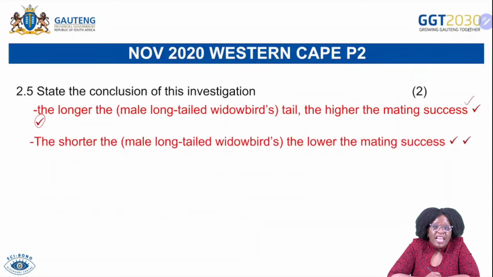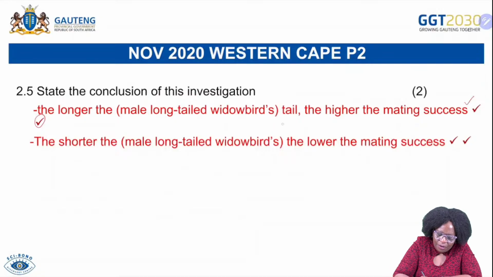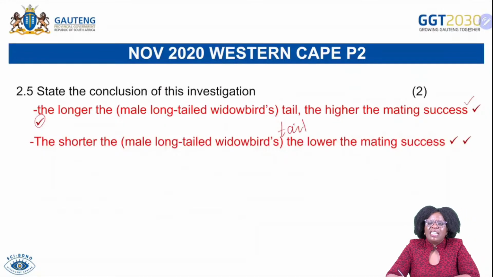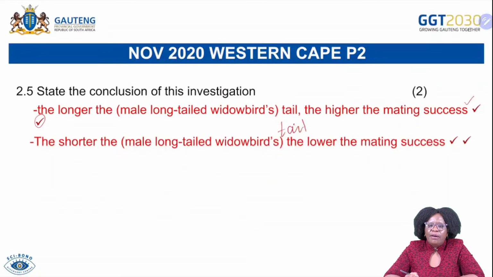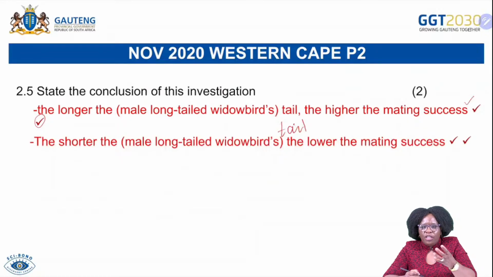Then, the shorter the male long-tailed widowbird's tail, the lower the mating success. 2 marks or nothing. Conclusion, you conclude from what you see. Method, you tell us how the experiment is done. And the aim is to see what was the aim of this farmer.